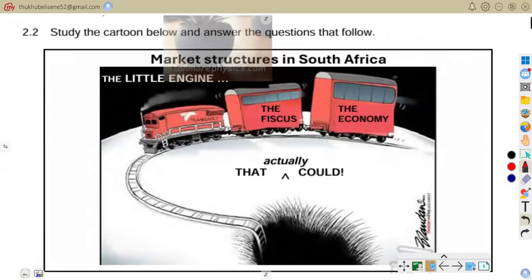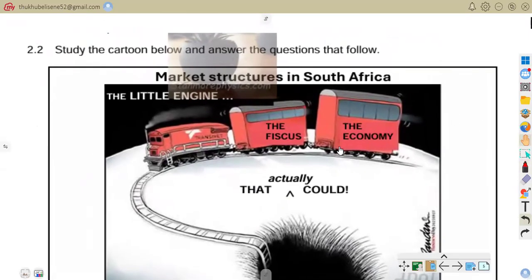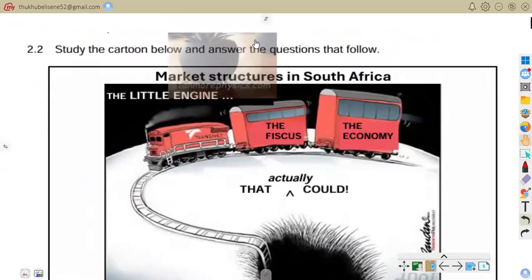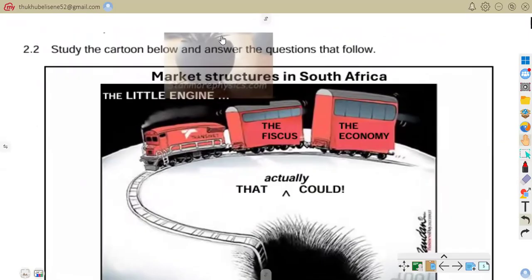So here we are on 2.2. We are to study the cartoon below and answer the questions that follow. Here is our cartoon, which is all about market structures in South Africa.